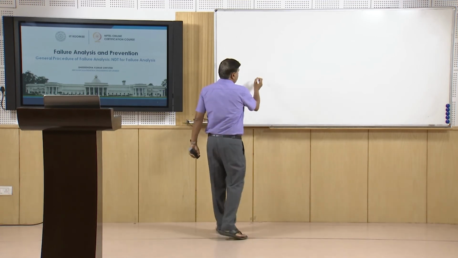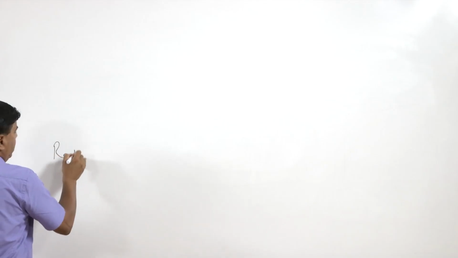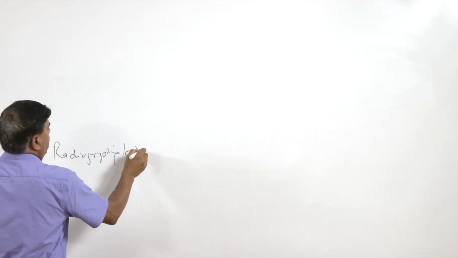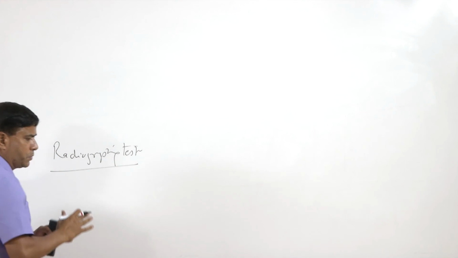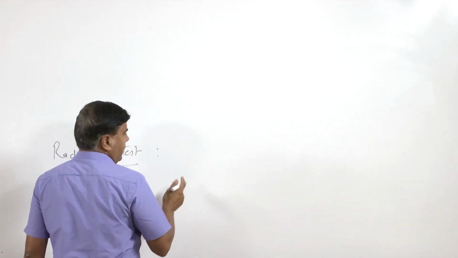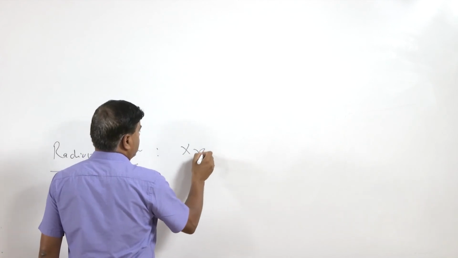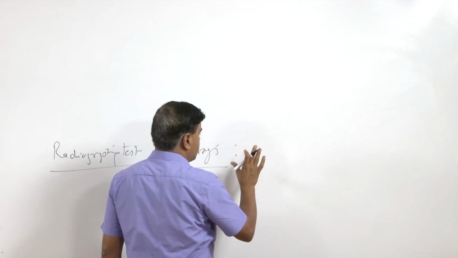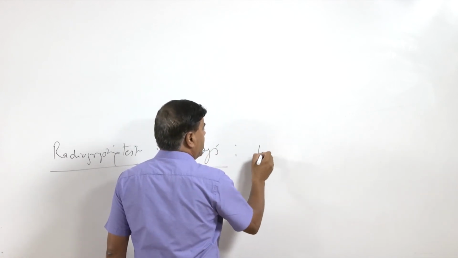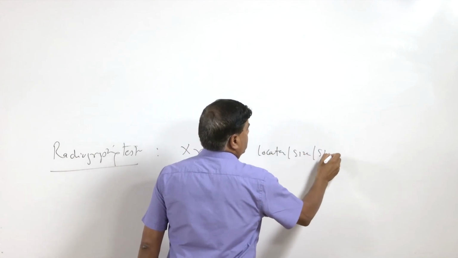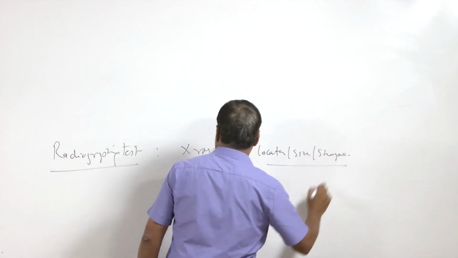Now, another test is the radiography test. X-rays are one method, and they help us to see the location, size and shape of the discontinuities.